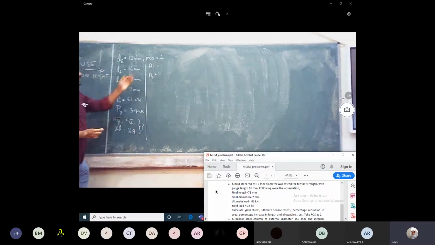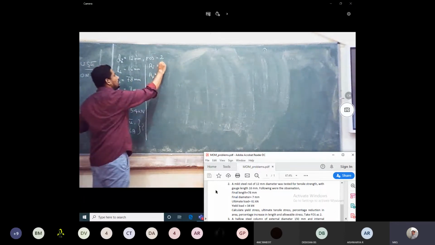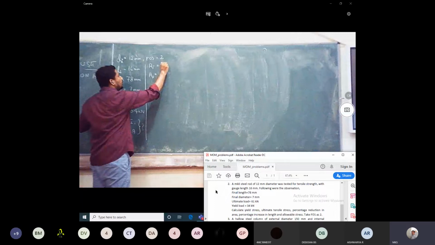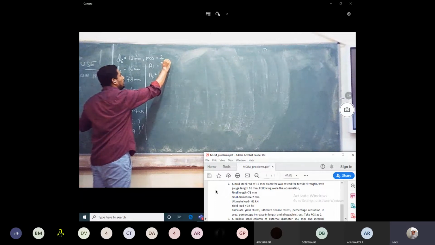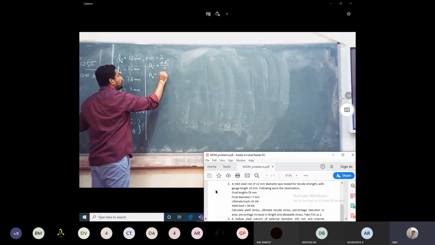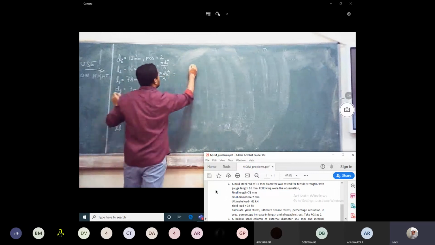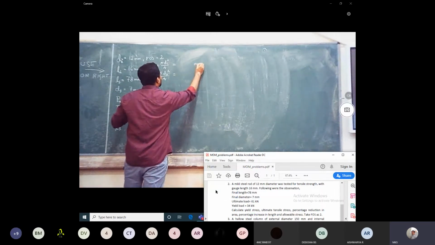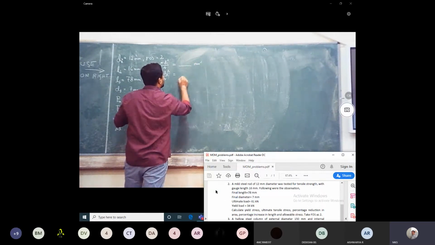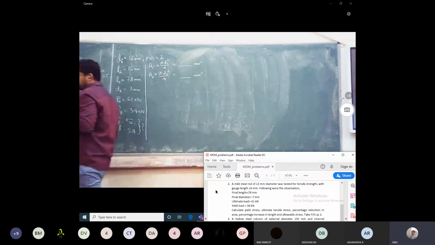So find out the initial area, which is DI square by 4 times pi, and the final area, DF square by 4 times pi. Note down how much it comes, in mm square.